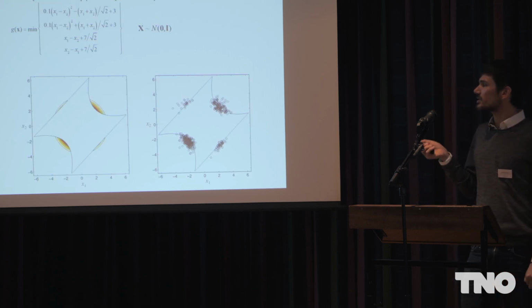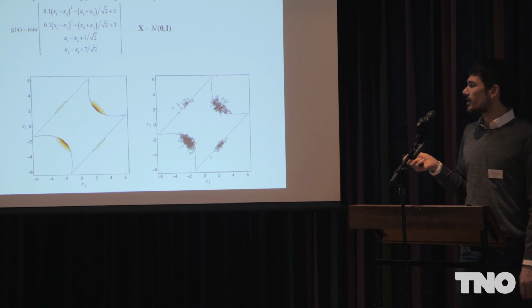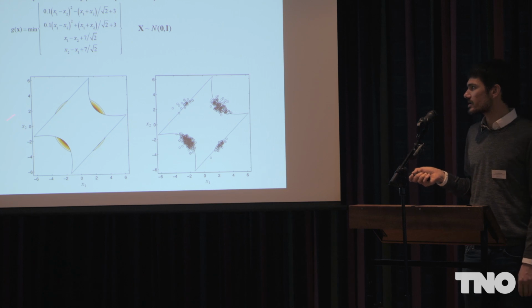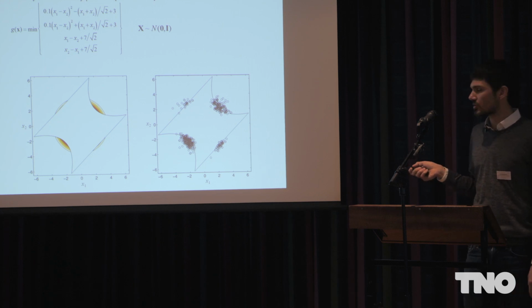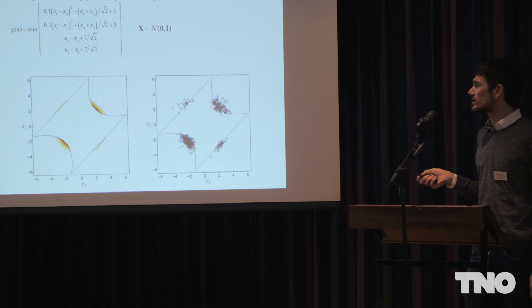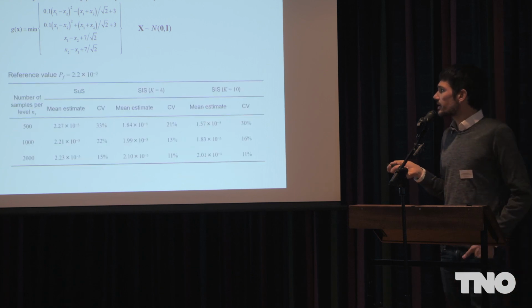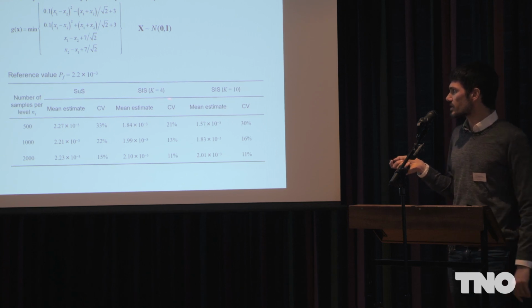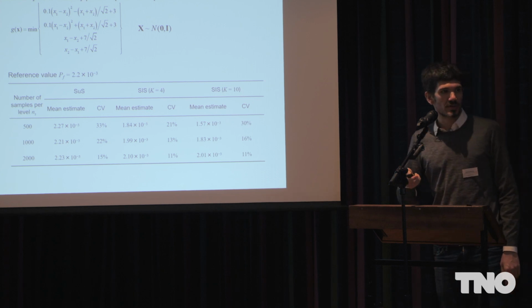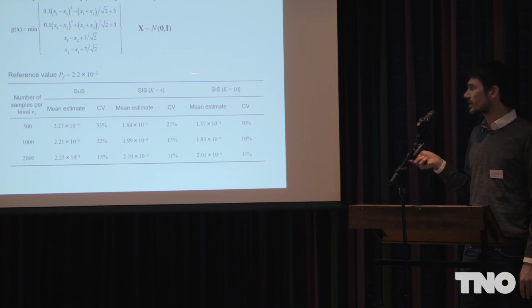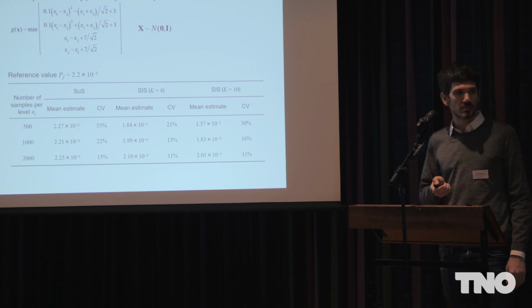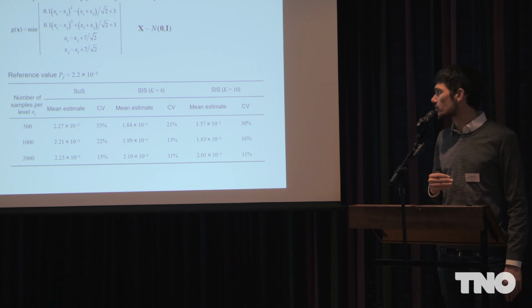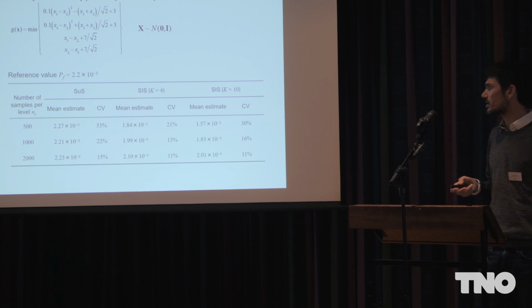One example of this: I'm showing here a series system reliability problem with 4 components. This is the optimal importance sampling function, and these are the samples I get in the final sampling step of this method. Here I'm comparing the performance of subset simulation with the performance of the sequential importance sampling method with smooth transitions, and I'm checking 2 different numbers of terms in the Gaussian mixture that I used as proposal density in the independent Metropolis-Hastings.